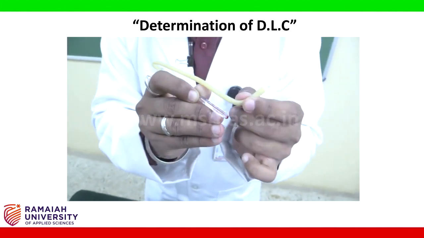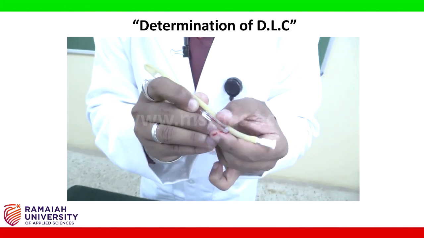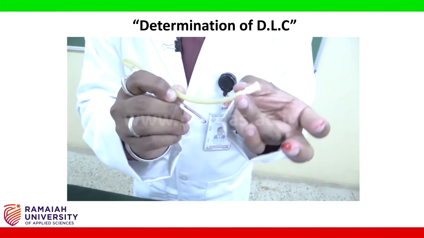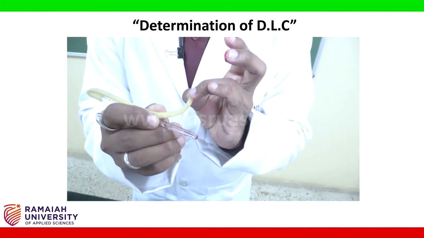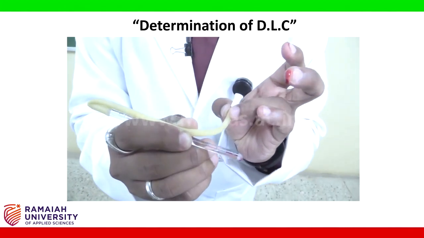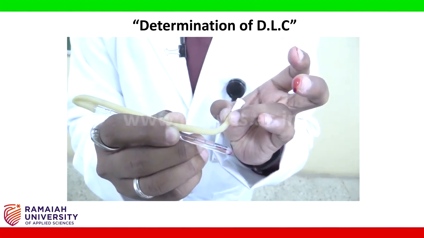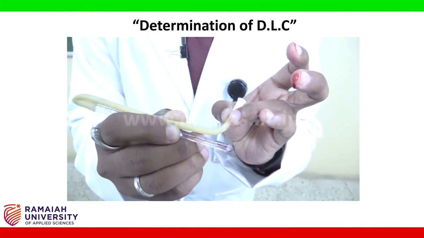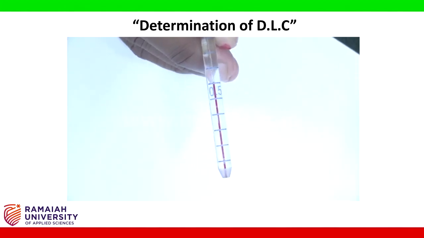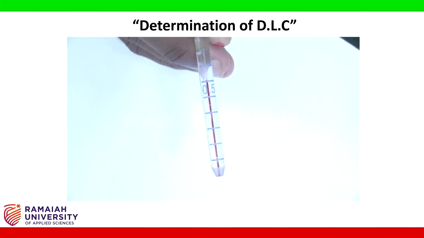Care should be taken that there should not be any air bubble entrapment, and if in case excess blood is drawn, then it is removed by touching the tip of the pipette to the cotton. Now as you can see, the blood is drawn up to the level of 0.5.